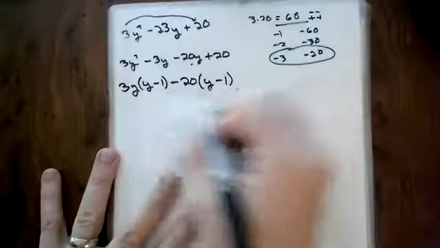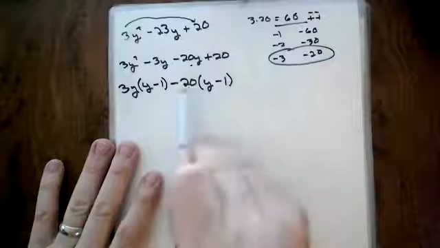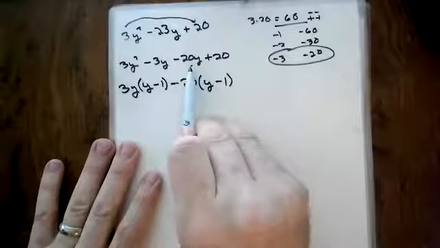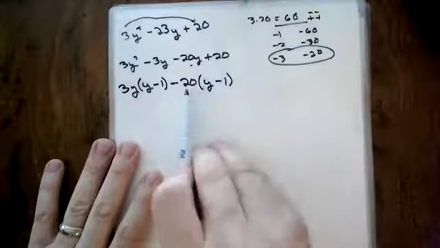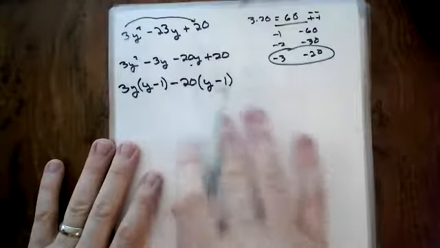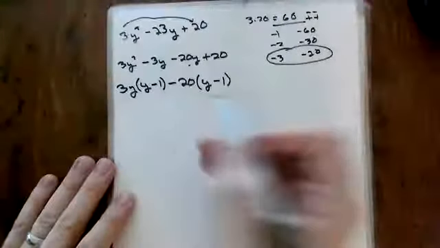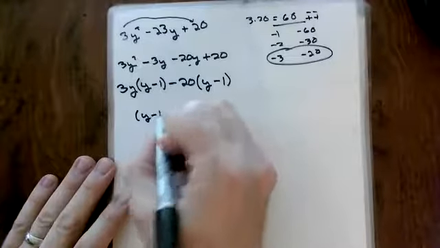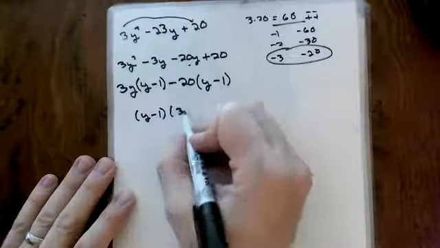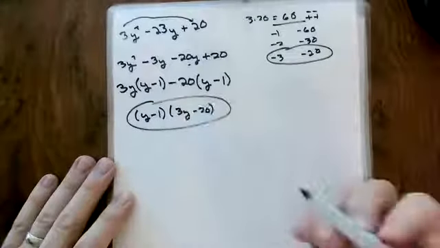And there we have it. So note that if I were to multiply this out, negative 20 times y would be negative 20y. Negative 20 times negative 1 would be a positive 20. So our signs work out there. And now we're going to just factor out our common binomial. We've got y minus 1 times 3y minus 20. And we're done.